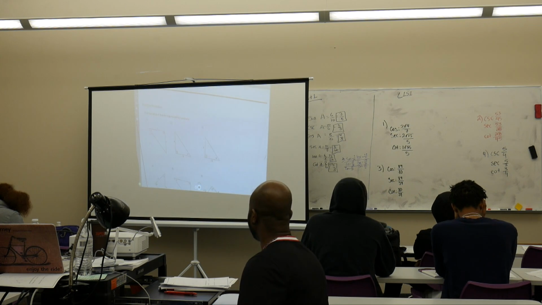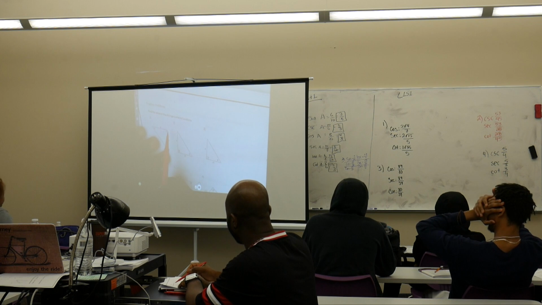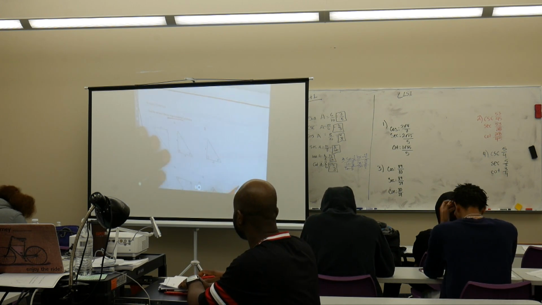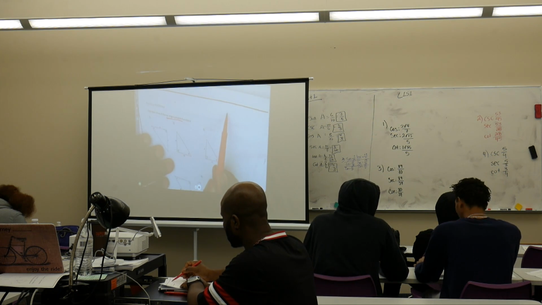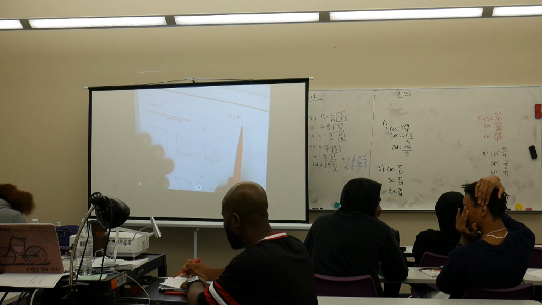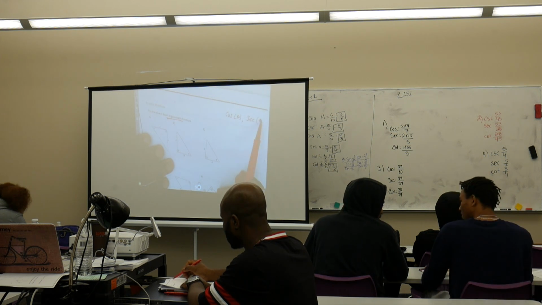So looking at problem 1, it says, find the value of the 6 trigonometric functions. That means we're looking for cosine, and when we flip the cosine, we also get secant.